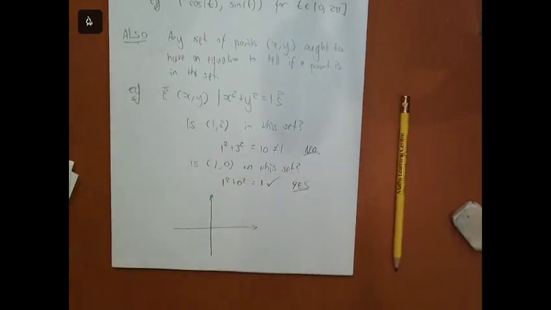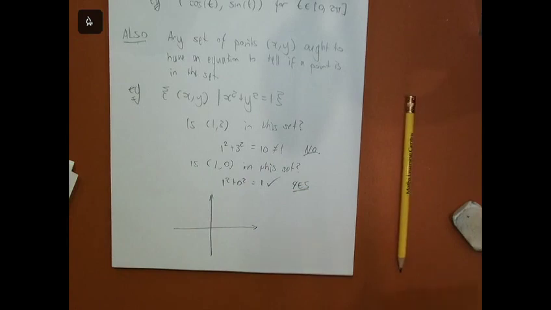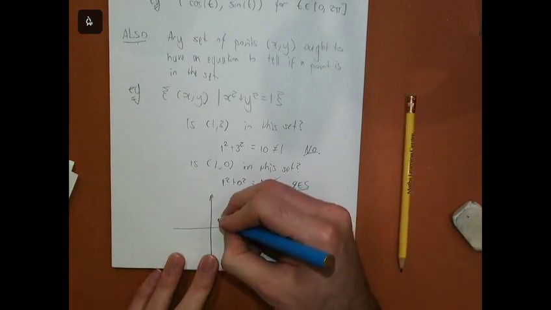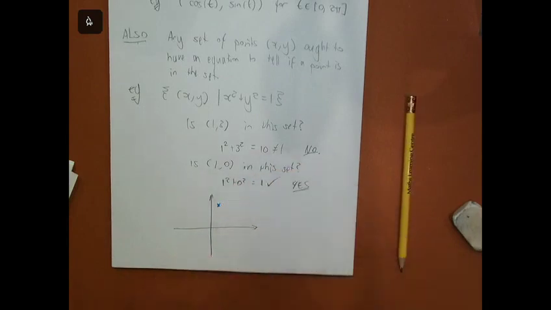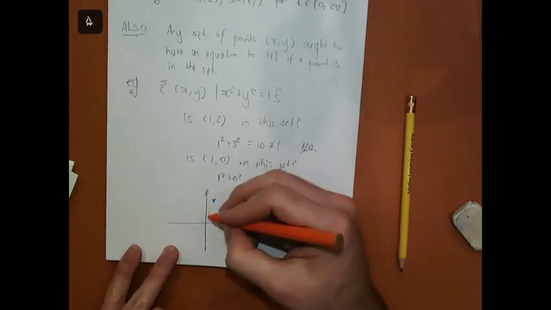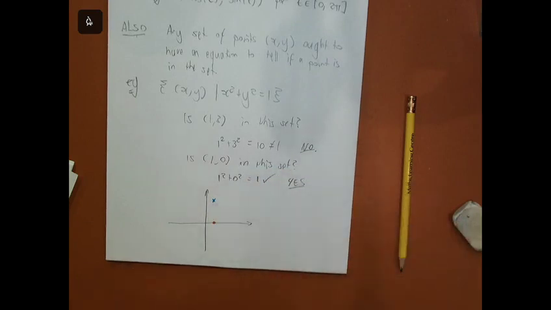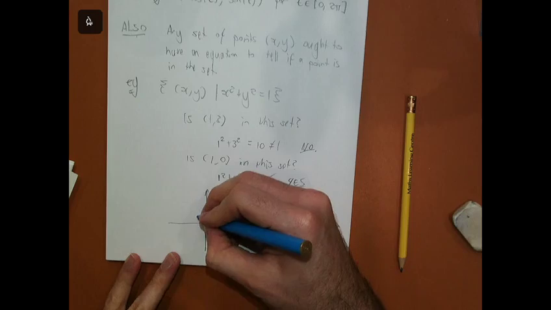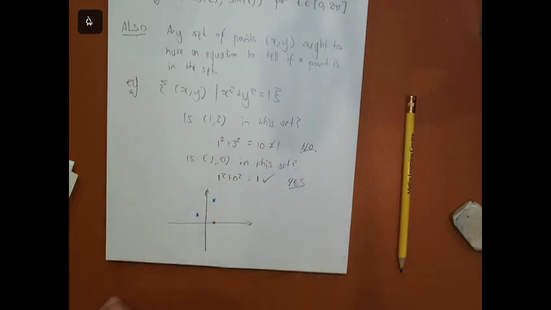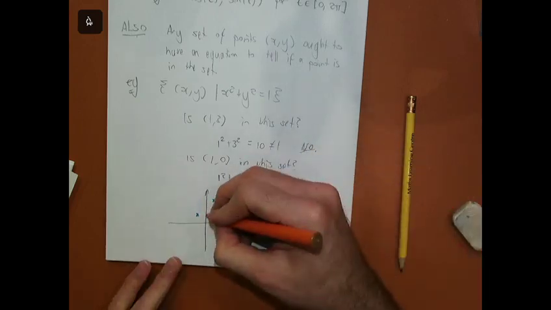So far we have subbed in the point (1, 3), and it wasn't in the set. And we've subbed in the point (1, 0), which is here, and that is in the set. We could sub in the point (-1, 1), and that's not in the set. And we could sub in the point (0, 1).